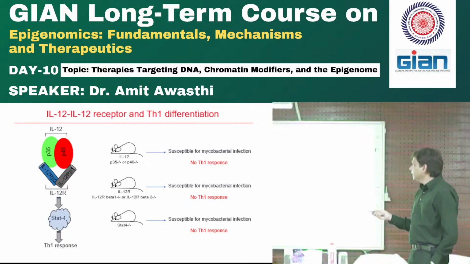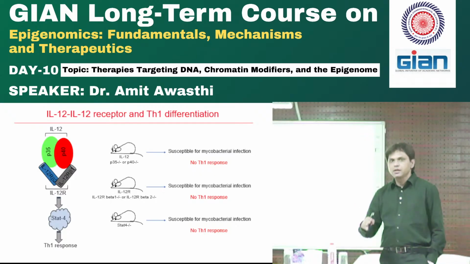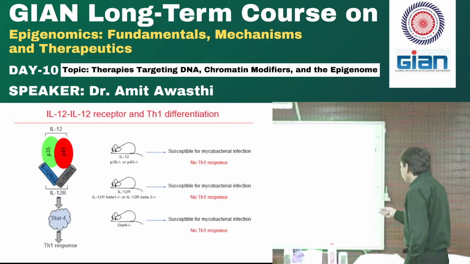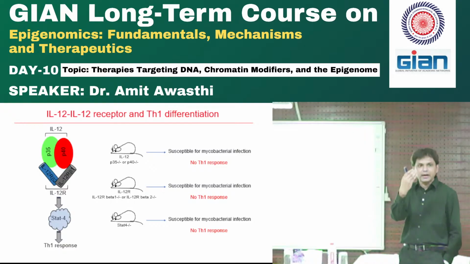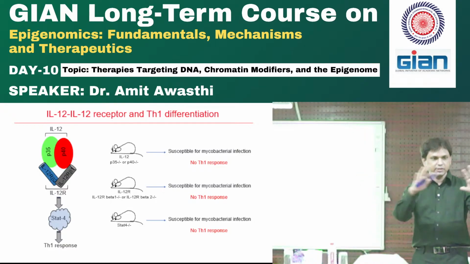You expect that if you remove this or this, the whole pathway collapses. And how do you prove it? You take these mice and compare them with wild type mice where everything is intact, everything is normal.